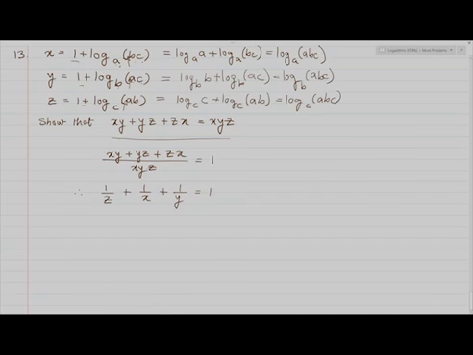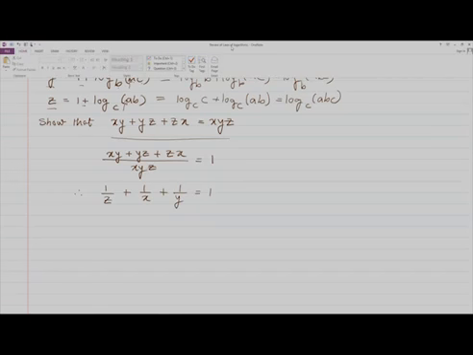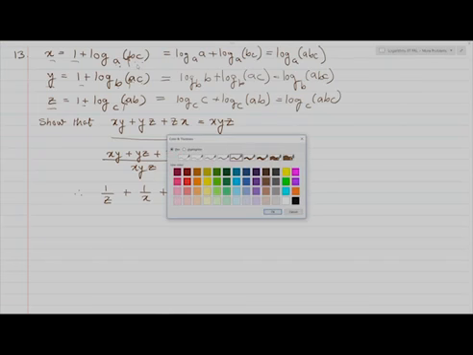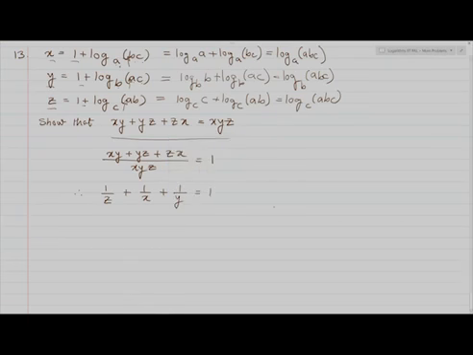Now what does this mean? So if I substitute the values of x, y and z here, I think the font size has reduced, so let me do it again. It's okay. So I will substitute these values into this expression. Let us see what I get.